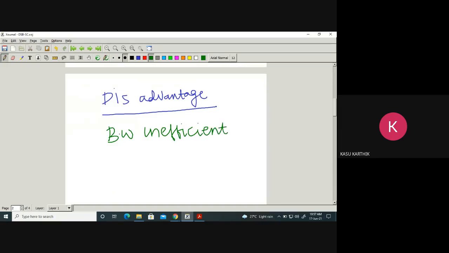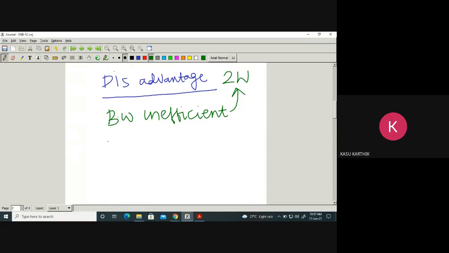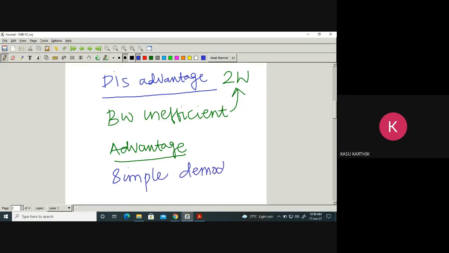Why? Because we are wasting bandwidth. How much bandwidth are we requiring? Twice the message bandwidth. As I told you, it is a resource. You must use it properly. What advantage as of now? It has a simple receiver, a simple demodulator. Anyway, we'll discuss further.